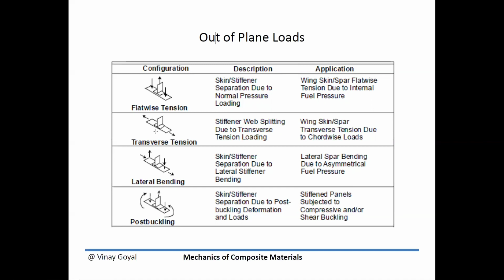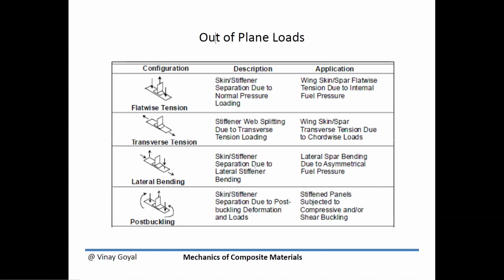A transverse tension situation is one where you're applying loading in the base, and since the stiffener is not taking much load, it could cause edge stresses. A stiffener web splitting due to transverse tension loading is what you're seeing there. An example of that will be a wing skin spar transverse tension due to chord-wise loads. You could also have a situation of lateral bending, where skin-stiffener separation due to lateral stiffener bending could occur.